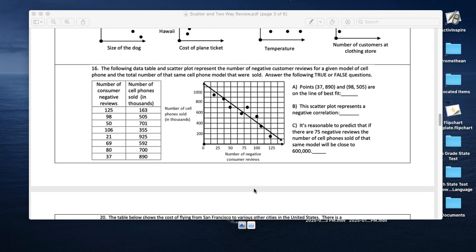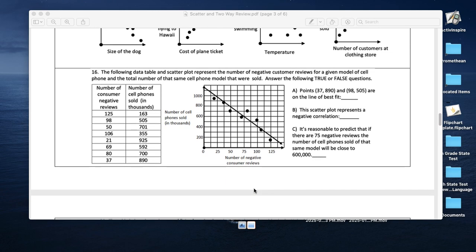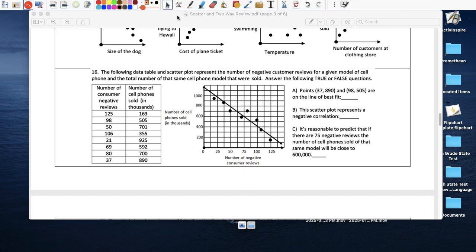16, the true or false. So they did the scatter plot again. Read it. It says the number of consumer negative reviews. As the number of negative reviews goes up, what happens to the number of cell phones that are sold? Well, it goes down, right? Because nobody wants to buy them.